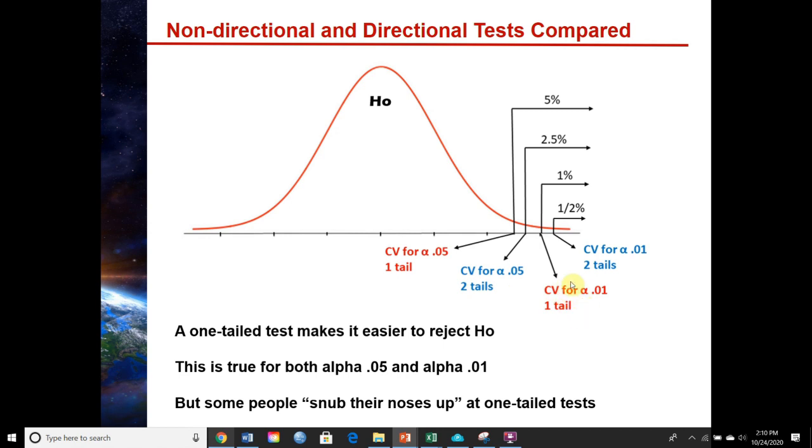This is actually more conservative, right? Even though this is a two tail test, alpha 0.05, if you were to adopt a one-tail test with alpha 0.01, this one would be more conservative. It would be harder to reject H0 here. But researchers sometimes don't think all the way through. They just assume, oh, you did a one-tail test, you made it too easy on yourself. Okay, so it's like, well, but that would have been making it easier on myself.